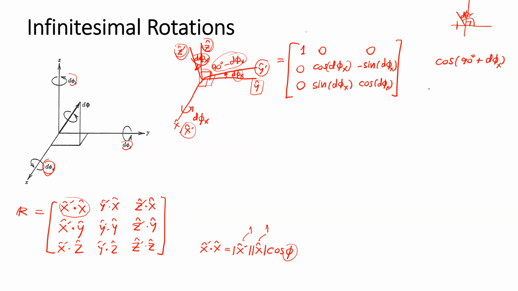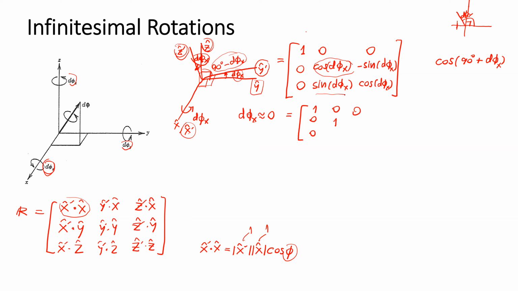If the angle is very small, what happens to sine and cosine? Cosine of a very small angle can be estimated to be 1.